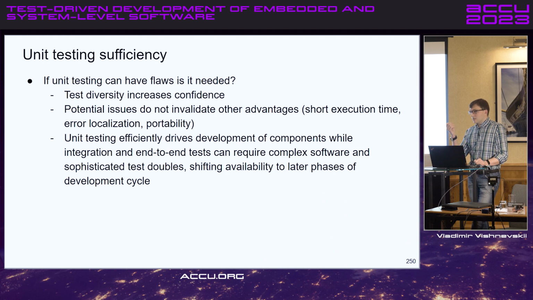And yes, we are driving the code development by unit testing, while those more complex tests can be available at much later phases of development, because they can be hard to implement. Mostly there are some standard solutions for non-embedded. For embedded, this is quite often hard.